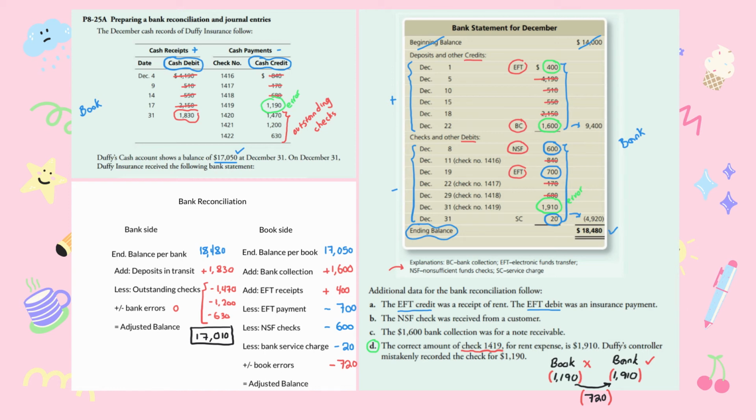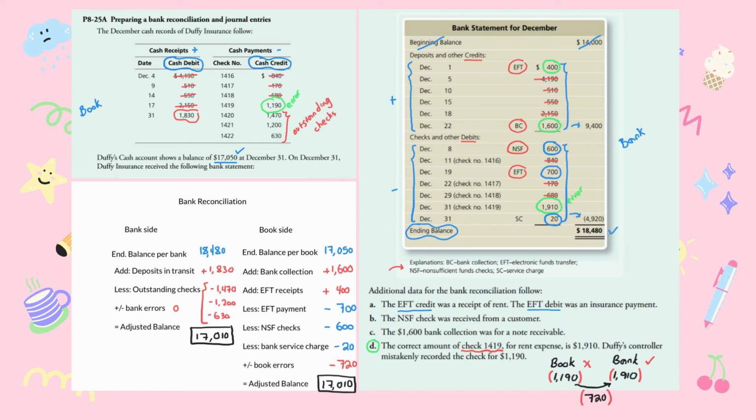It's also the same, 17,010. So in this question, we had two requirements. The first one is to prepare the bank reconciliation at end of December. The second requirement is to journalize the adjustments for the cash account.